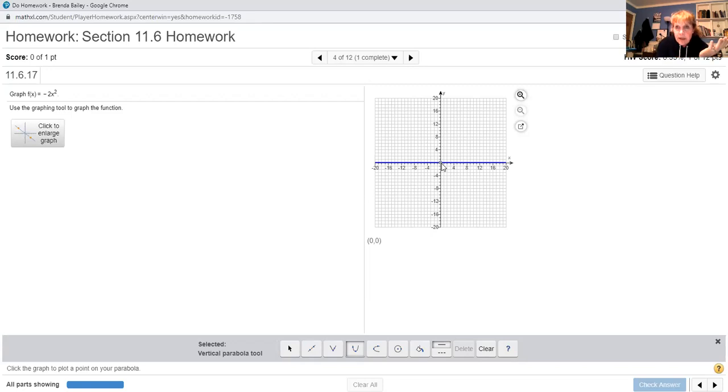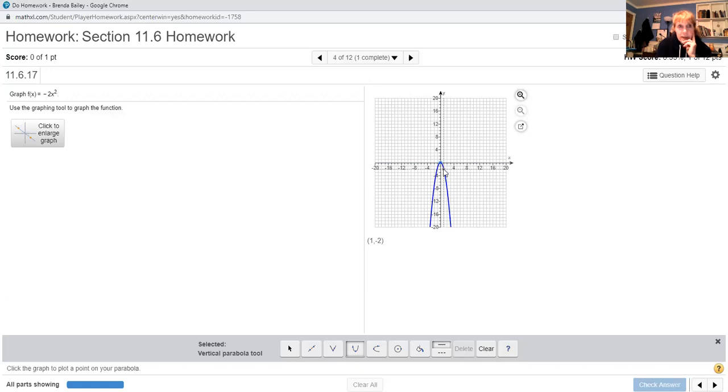Now I need another point. Well, let's put in the number 1 again. So if you put in 1 and square it, you get 1 times a -2 is a -2. So I'm going to go to 1, -2. And if you look at the bottom left by the graph, you'll see the coordinates of where your cursor is.